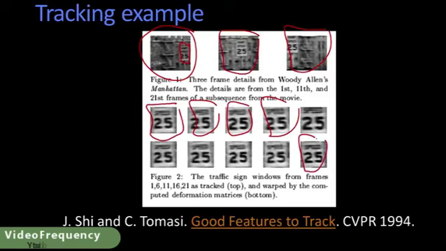The idea is that all the points in the sign, remember it's on a plane at moderate distance, which means it's a perfect affine transform. All those points are moving in a particular affine transform as you move across the image sequence. And like I said, that was this good features to track, which later got incorporated into OpenCV for doing estimation of motion.